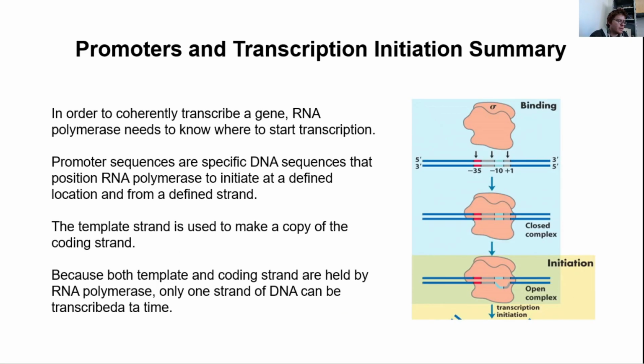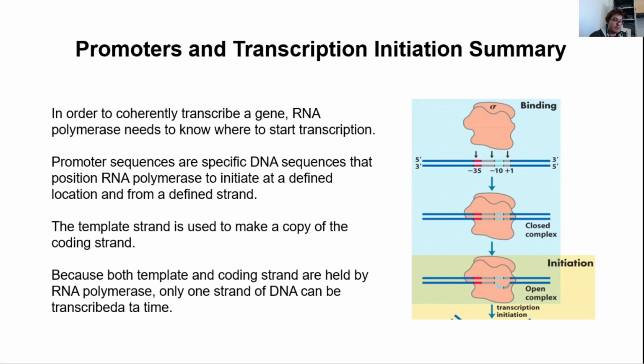Okay, so to sum up what we learned about promoters and transcription initiation, so getting the process started, we learned that in order to coherently transcribe a gene, RNA polymerase needs to know where to start transcription. There's no primer being put down that tells it where to begin. It has to know some other way, and it's promoters, specific DNA sequences that position RNA polymerase, that provide the initiation signals to say start here and on this strand.